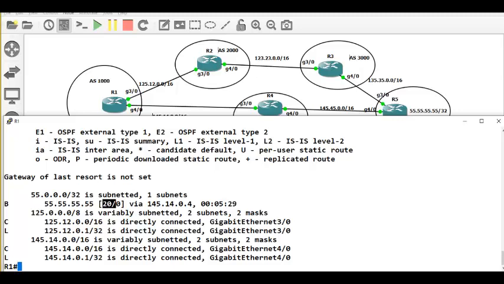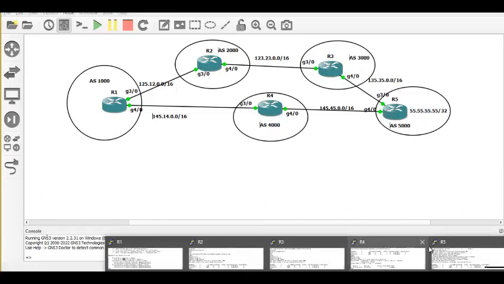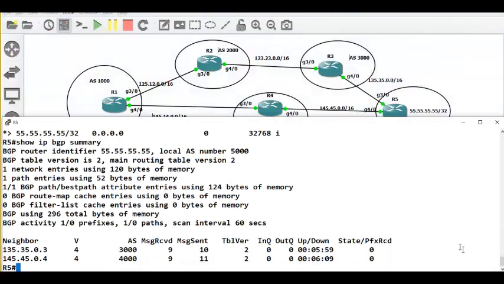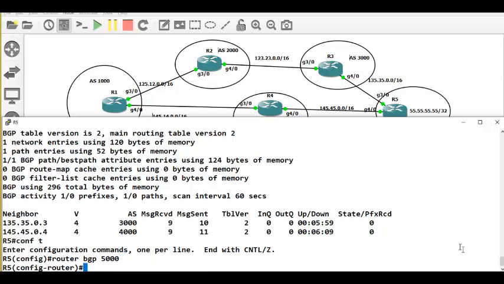Now, what next? Instead of advertising here, I'm going to redistribute. See what happens. I remove this network command.